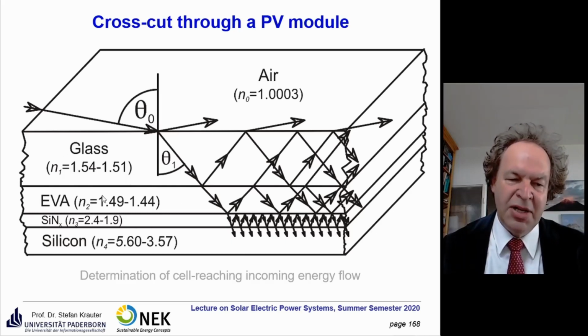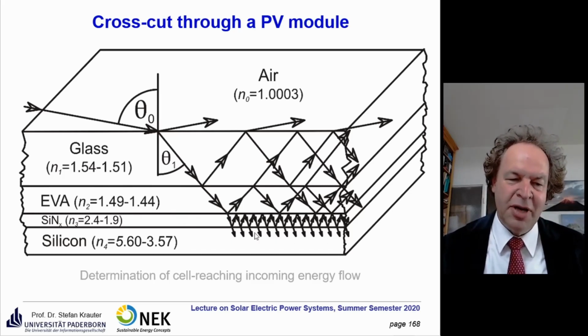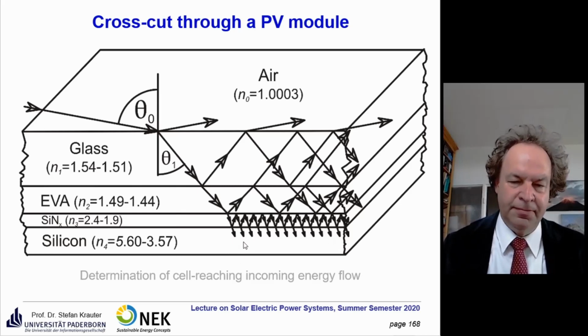Some typical values are given here. There are also spectral effects of the optical densities, so we calculated for every wavelength separately in order to get a very accurate representation of the cell-reaching energy flow.